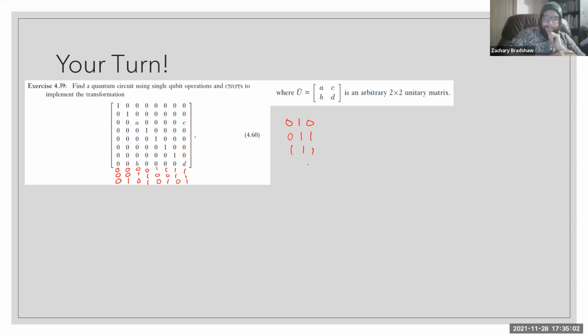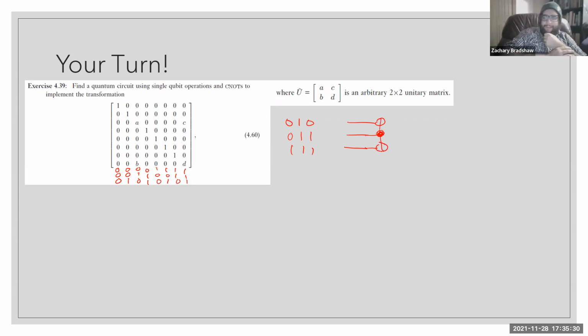Okay, so draw me 3 lines. Okay, so I'm changing the last one, so the last one's my target. And I have a 0 and a 1 going downward, so open and closed, good.